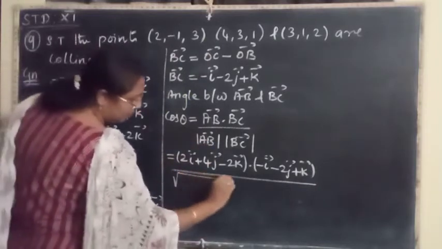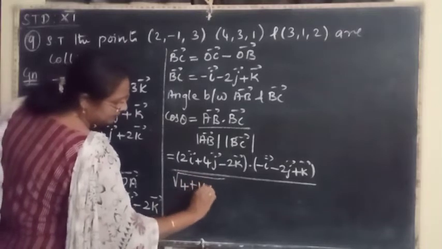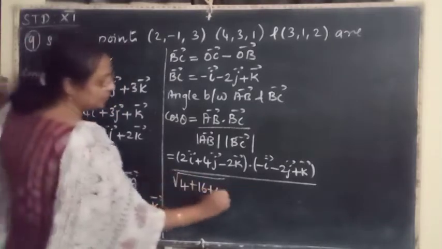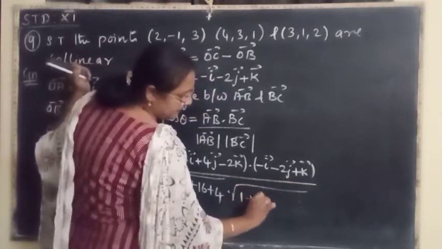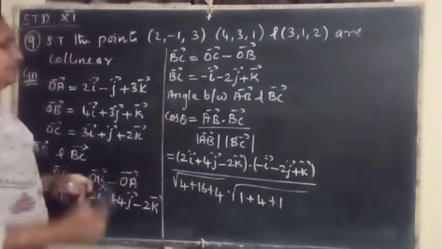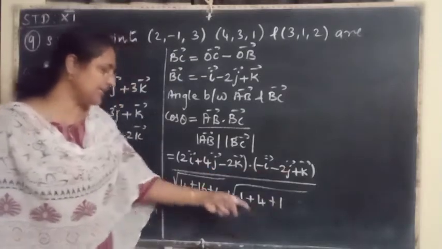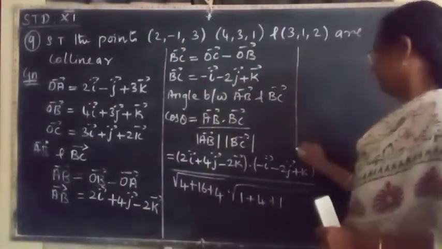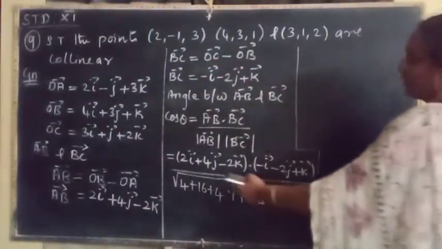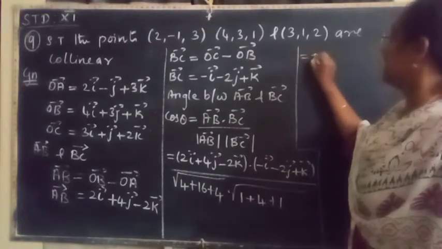So that is square root of (4 plus 16 plus 4) into square root of (1 plus 4 plus 1), that is 1 square plus 2 square plus 1. Now find the dot product. 2i dot minus i becomes minus 2.